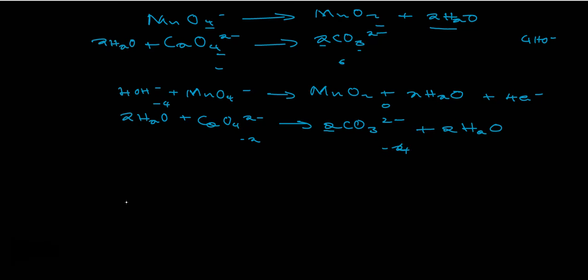To balance this, we are going to add 2 electrons here, so that on both sides we have -2 plus 2, which is -4. Even here we have -4. So after doing this, now what we are going to do next is to balance these electrons.